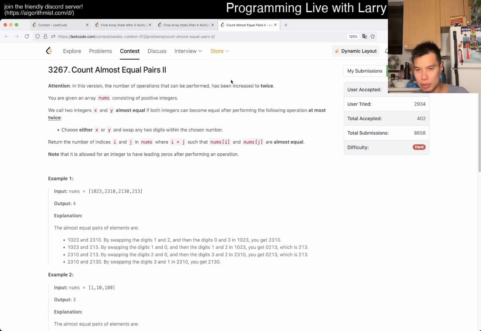So 7 choose 3. Okay, so it's going to be 35. And then for each, so I cannot do the easy math part. So it's 35. And then it's going to be 3 choose 2, which is 3.